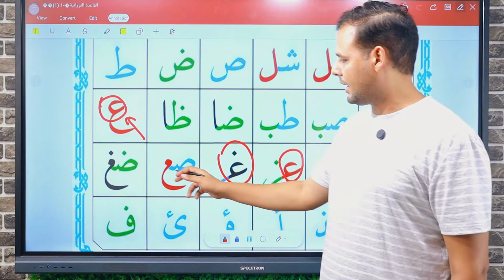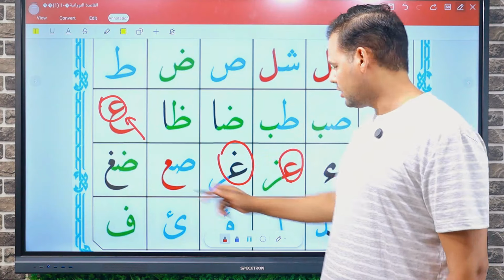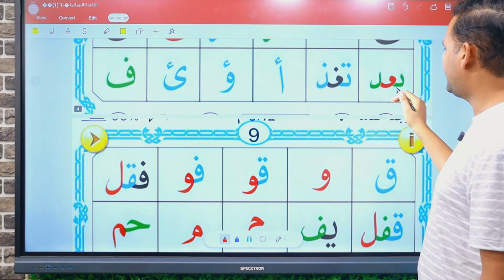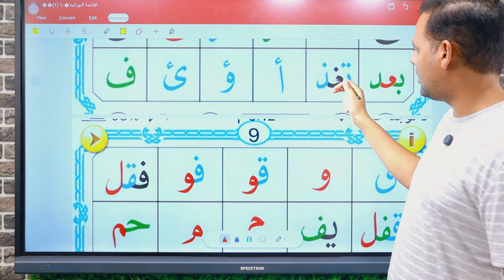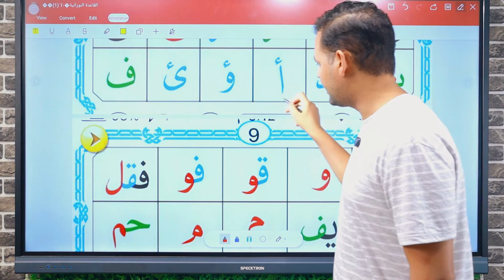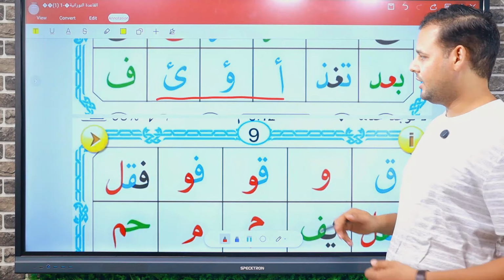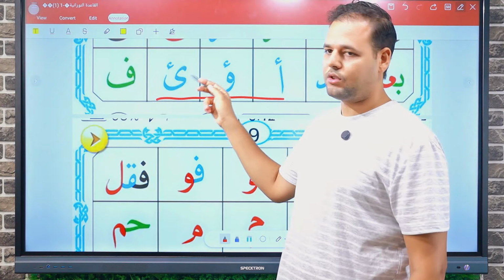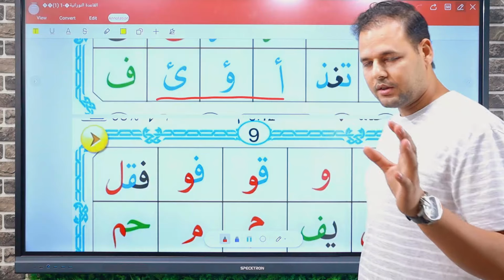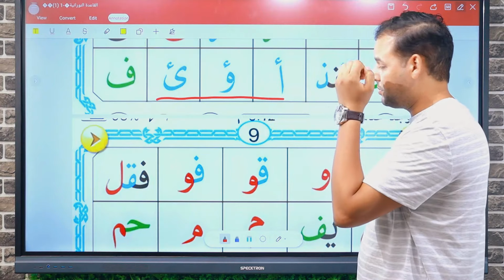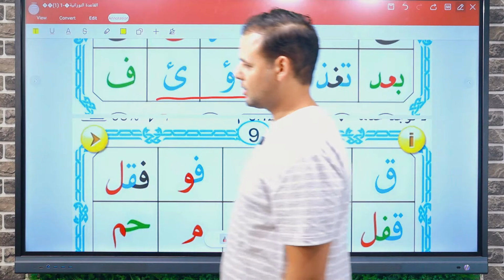Now we have the letters combined, and then here we have ba'ada, taghadha. Now look at this one. That's a, okay? And this here is a, and that here is also a. When the a or the hamza comes on top of a letter, it replaces the letter and stays, okay?